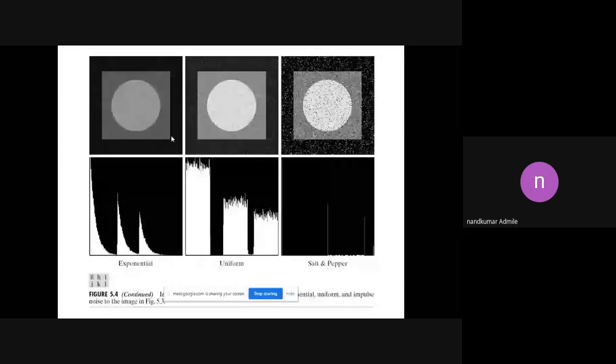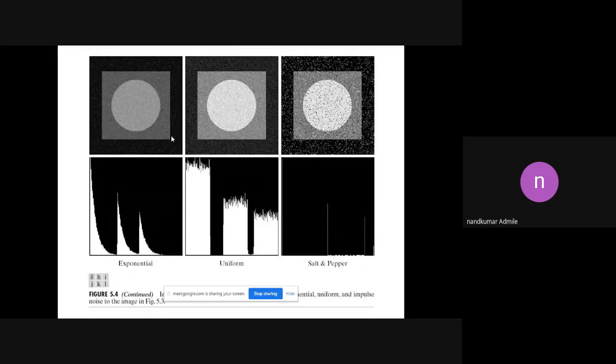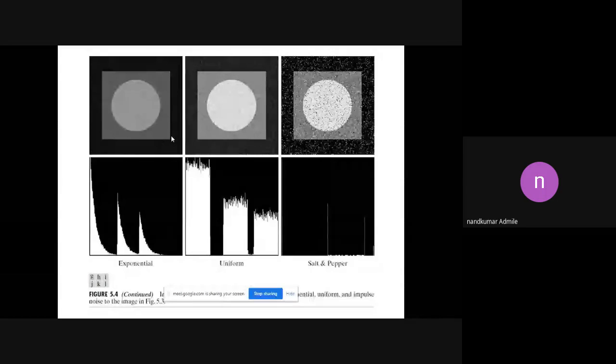Okay, so these are the various important noise models. So we have to consider the mathematical equations and the plot functions of these noise models and how the noises can be added in the image.